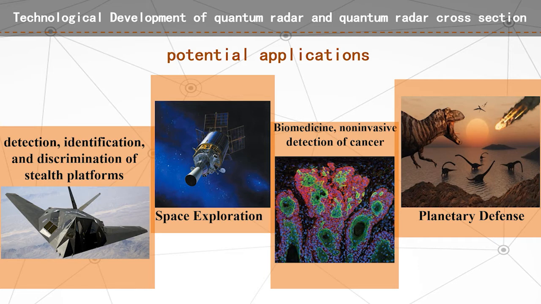And in this slide, I'd like to draw your attention to the third one, biomedicine, because quantum radar can be regarded as a kind of non-invasive measurement method for the detection of cancer due to its very low power. Why? Because in one pulse there's only a handful of photons. Do you remember in the last slide?